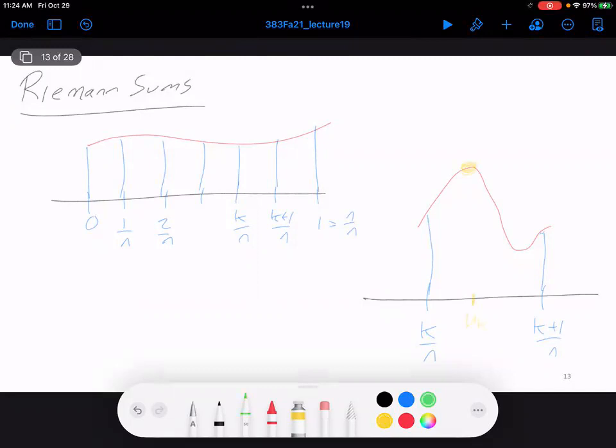And I can see at what point my function is smallest, and I'll call that l_k. I can get a rectangle here that will give me a lower bound, and another rectangle that will give me an upper bound.